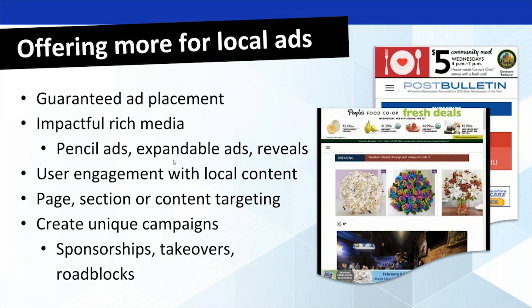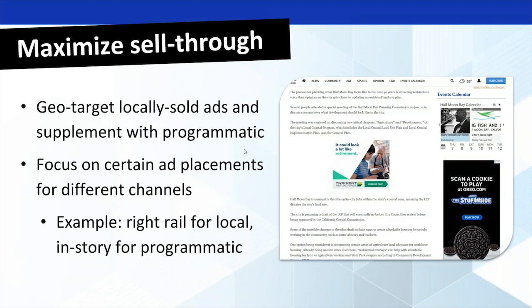All right, so maximizing the sell-through rate. There's a couple of different ways to do this. One of the things I've seen people do that I think is really smart is geo-targeting their locally sold ads to their local DMA for their coverage area, or maybe city or state, something like that. Then everybody outside of their coverage area, so to speak, gets programmatic. What's smart about that is it does two things.